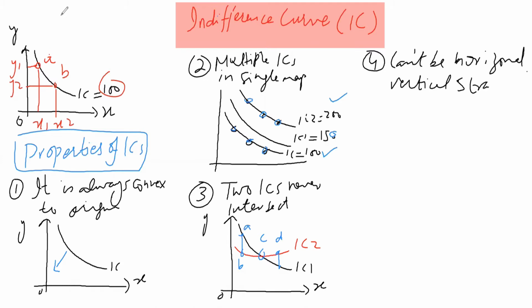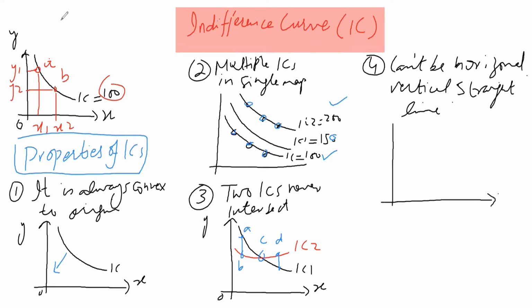The fourth property is that it can never be a horizontal, vertical or positively sloped straight line. Why it cannot be a horizontal straight line? Let's have a look at this graph. We plot X and Y, and the IC curve, if it is horizontal, then it will look like this.